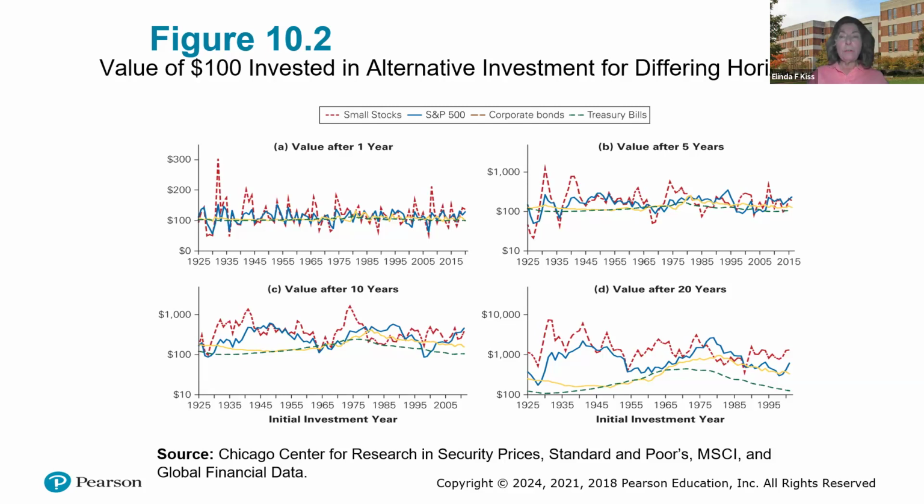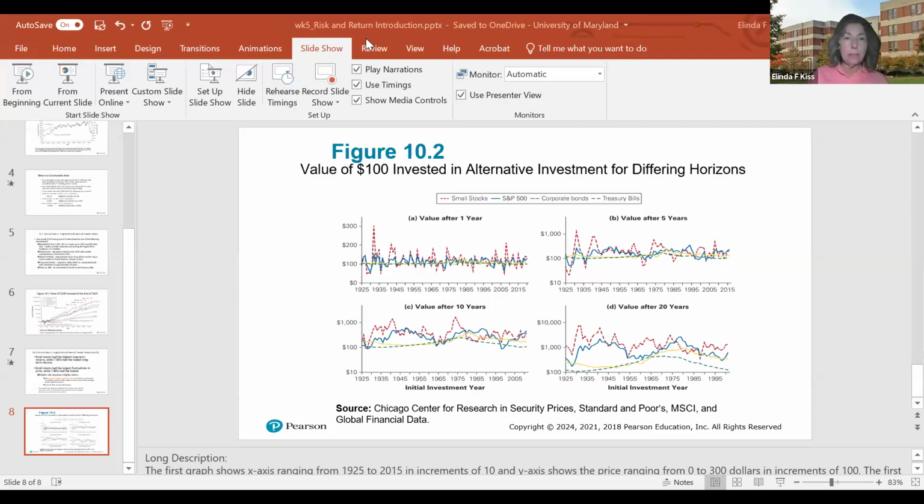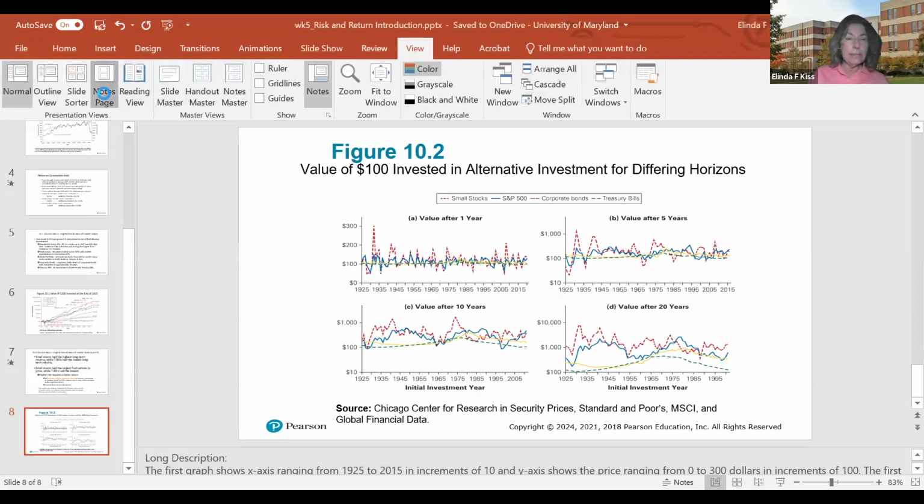There are details in the notes page of the slide, which you can see by viewing the notes page in the PowerPoint. So let me share my screen and view the notes page so that you can see it.